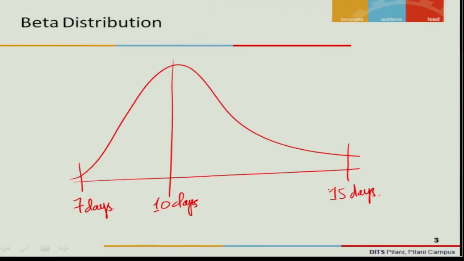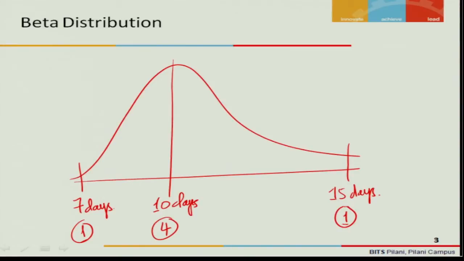When he gives you a statement like this, you need to estimate the standard time that you should get that material from the supplier. You allocate a weightage of 4 to the most likely time, a weightage of 1 to the optimistic time, and a weightage of 1 to the pessimistic time.